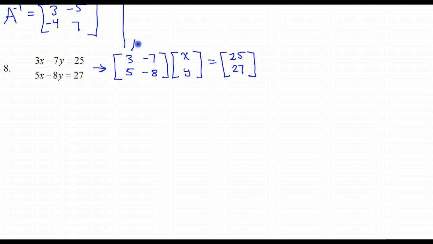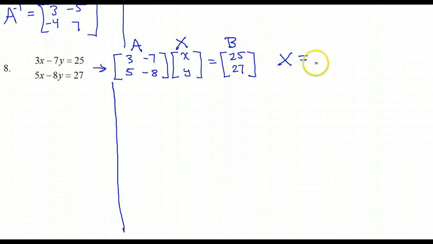Again, let's call this matrix A and matrix X and matrix B. So what we need is, if I want to find matrix X, I'm going to be doing A inverse times B.